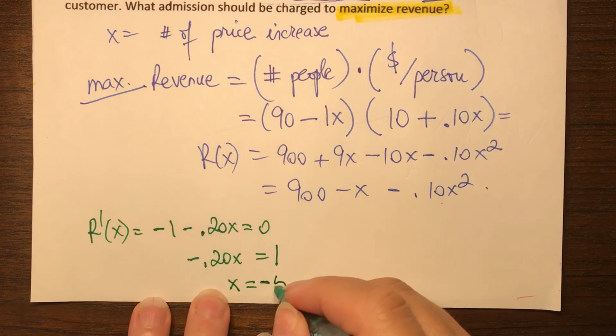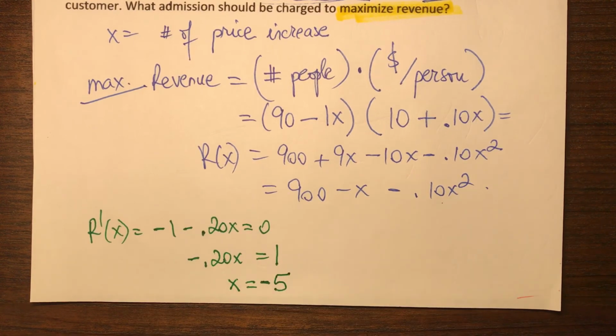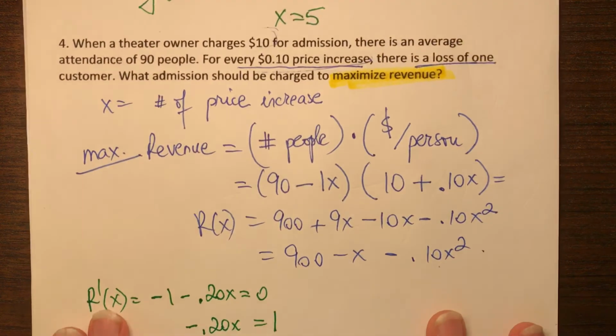But it's a -5. So what does that mean? In fact, if you want to increase revenue, you should have -5 price increases. In other words, what? You should not be increasing the price. You should be, in fact, decreasing the price, right?